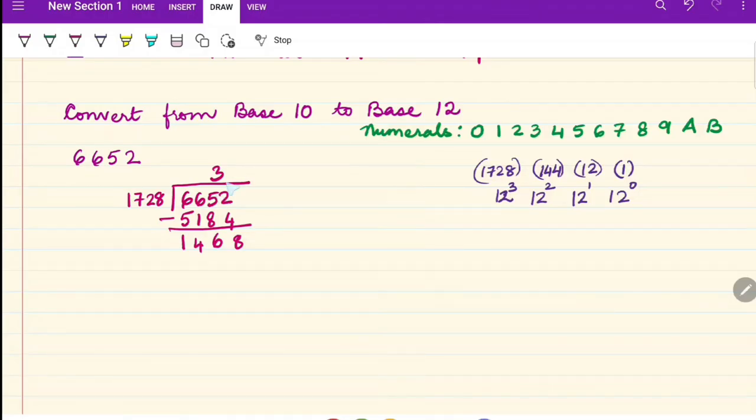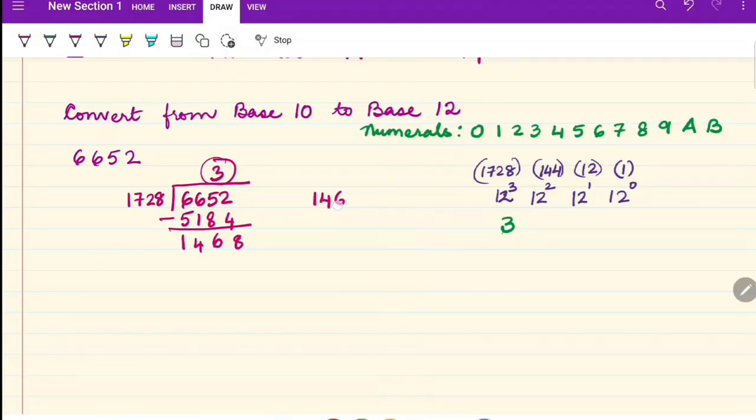All right. So we take the quotient and we write it under the positional value that we did the division by. So we should write it under 12 cubed. So this is a 3, right? Let's write 3. Then we take the remainder, which is 1468.